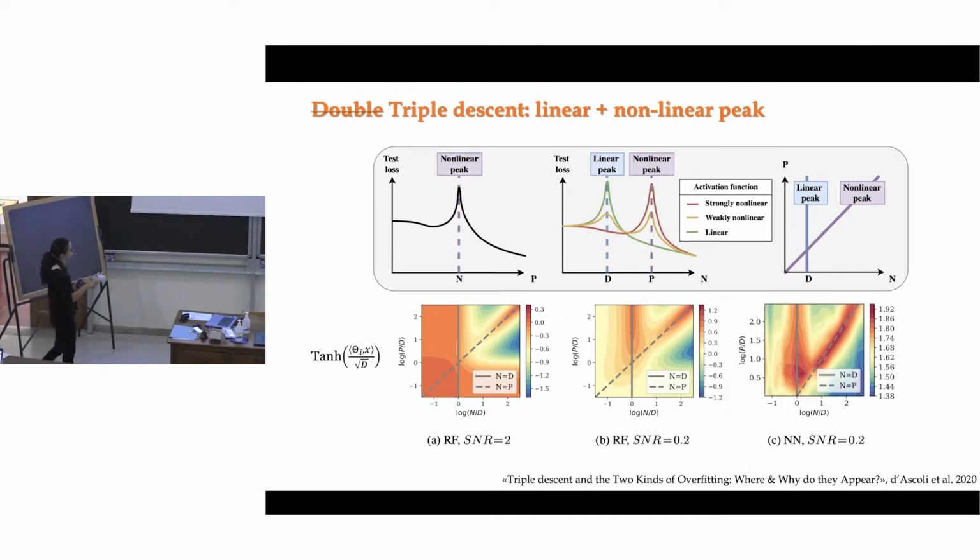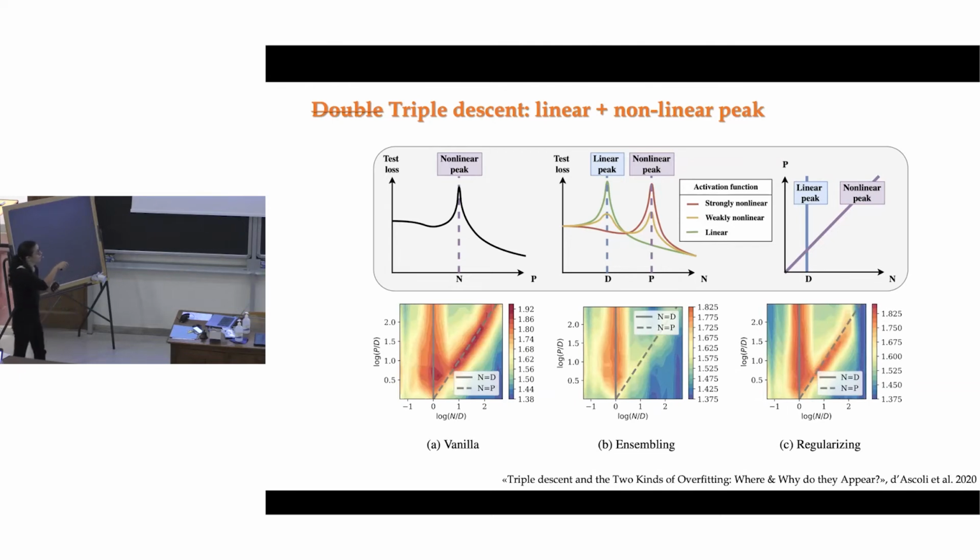If you increase the amount of noise, you actually see both the linear and the nonlinear peak. And then you may tell me, okay, but this is a random feature model. I see it's a good proxy, but this is not a neural network. They also engineered in this paper a simple setup to train a simple neural network, and they found that the thing is consistent. So you see both peaks also with a simple neural network.